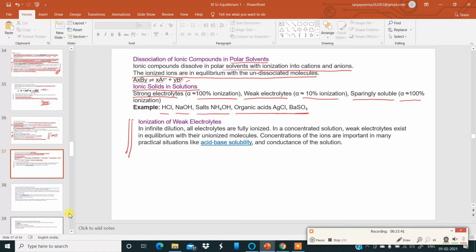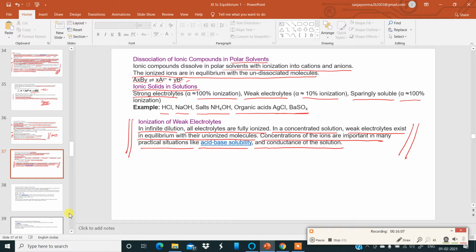Coming to ionization of weak electrolytes: in infinite dilution, all electrolytes are fully ionized. In a concentrated solution, weak electrolytes exist in equilibrium with the unionized molecules. So concentration of ions is important in many practical situations like acid-base solubility and conductance of the solution. Try to understand this properly.